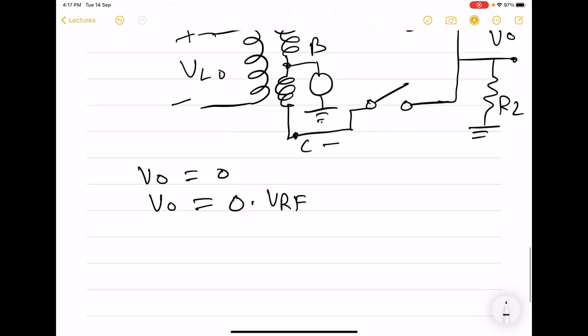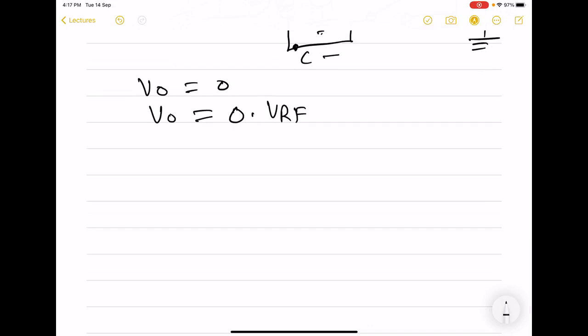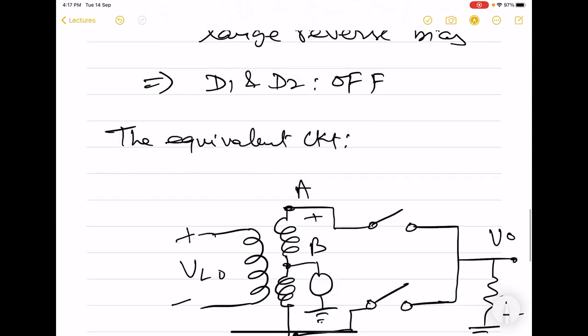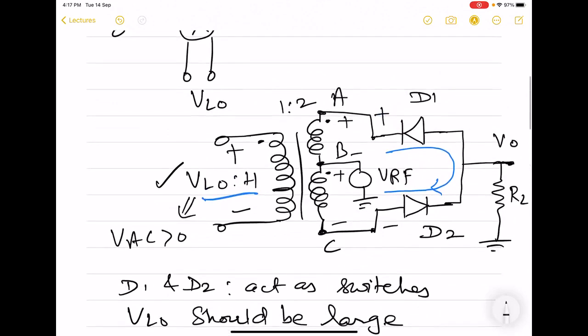Now we consider the second case. That means LO is negative, or low. So VLO is low. That means now we have reverse polarity for LO.